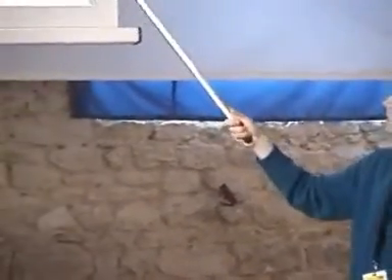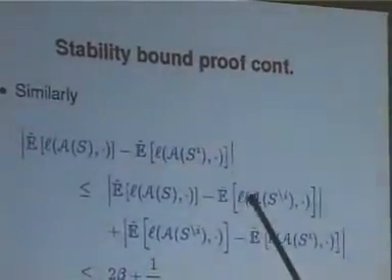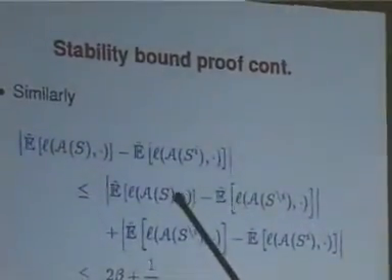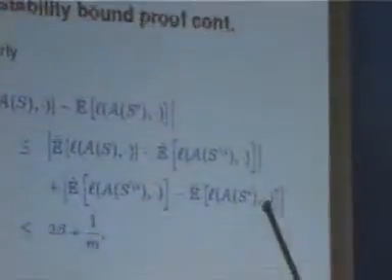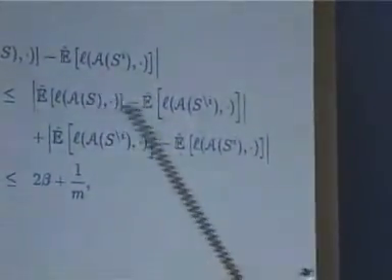The only problem is that the one example we removed will no longer be part of this estimation. So this 1 over m comes from the fact that we've removed one example here and replaced it with a different one here, and we can estimate that directly.